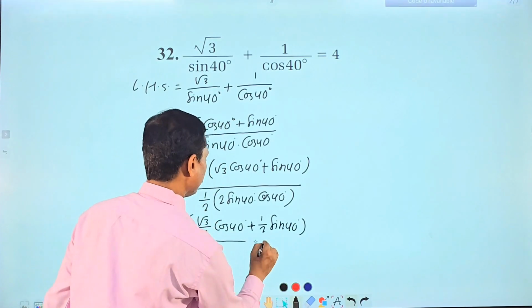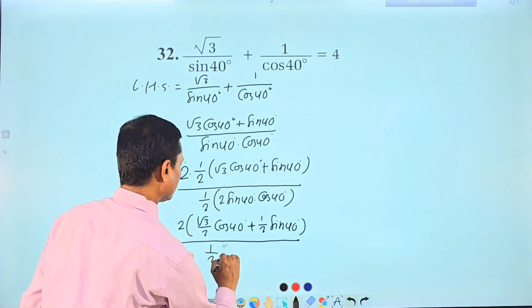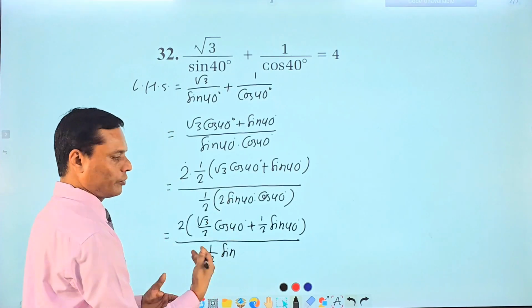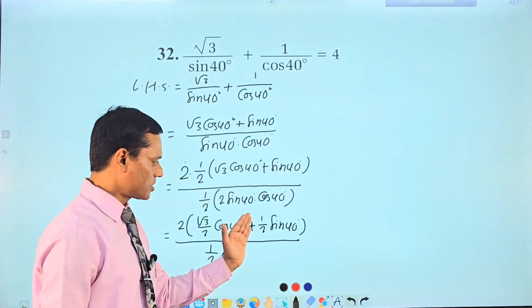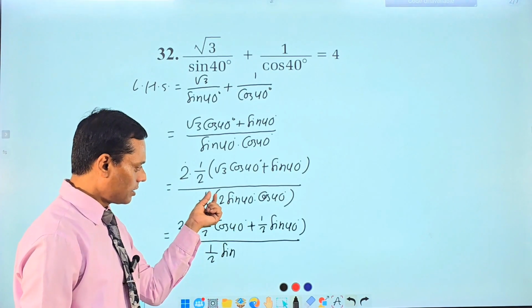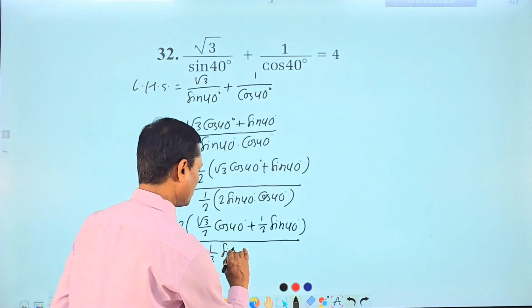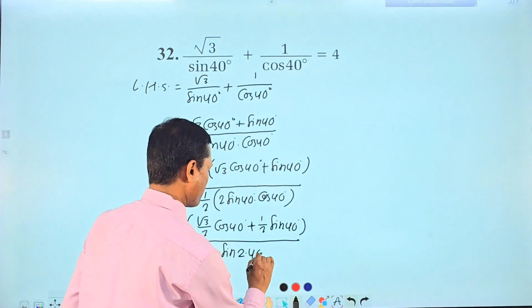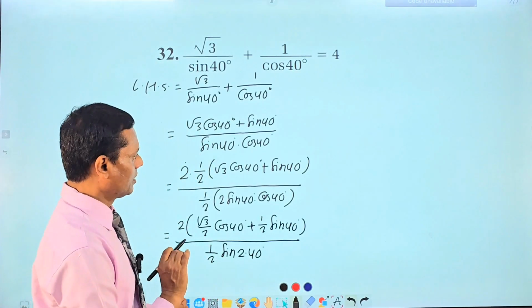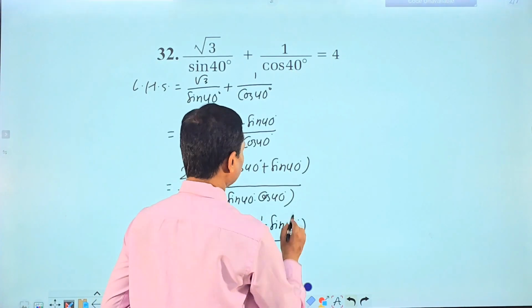And here, 1 by 2 sine 2a, isn't it? 2 sine a dot cos a means sine 2a, and here 40 degree is at the place of a, so this becomes 2 into 40 degree, isn't it?